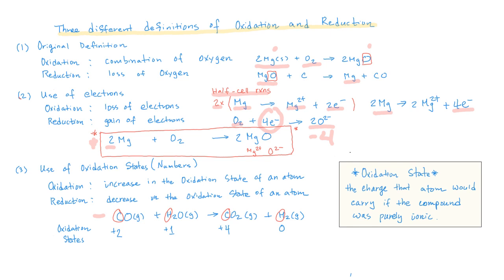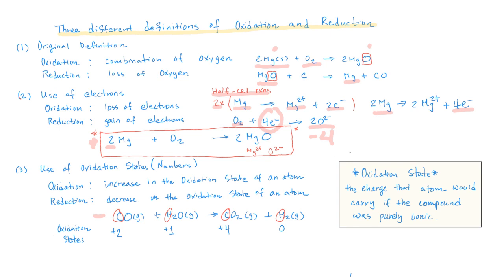And we calculated the oxidation states for these carbon and hydrogen atoms before and after the reaction was completed. So we are going to learn about how we can determine oxidation state later. We just would like to focus on the definition of oxidation and reduction at this stage now.